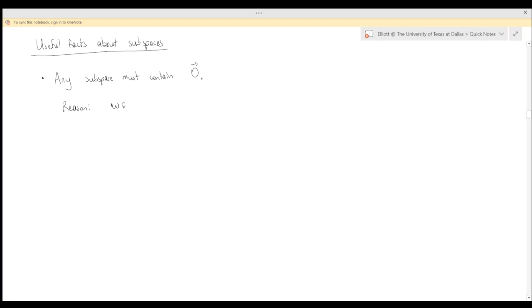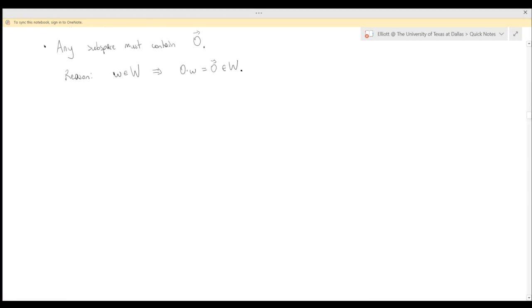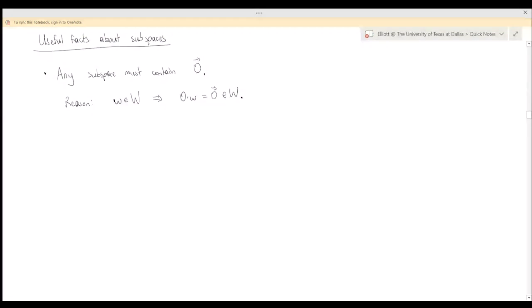If you take any vector inside your subspace, any scalar multiple of that vector must also be in the subspace. So in particular, when you multiply by the scalar 0, the result, which is the 0 vector, must be in the subspace. And that's how you can see that any subspace must contain the origin.